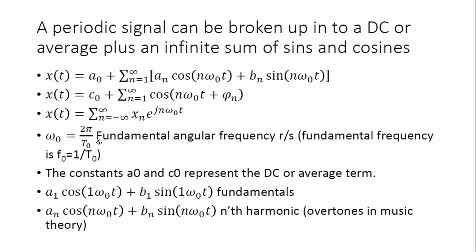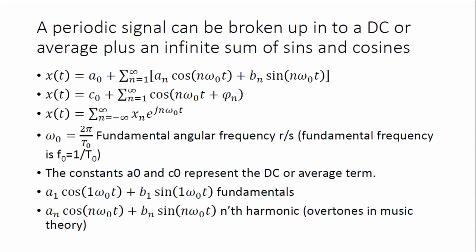Omega naught, that is the fundamental angular frequency. So once you find the period of the waveform, you can calculate omega naught, and you'll have a DC part, maybe, then you'll have a fundamental frequency, and then you'll have 2 times the fundamental frequency, 3, 4, 5.